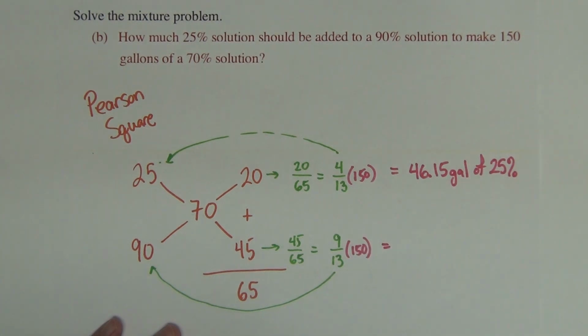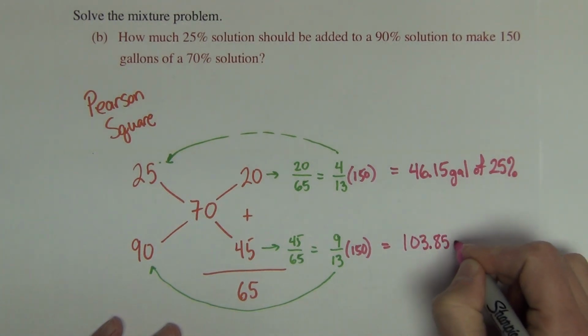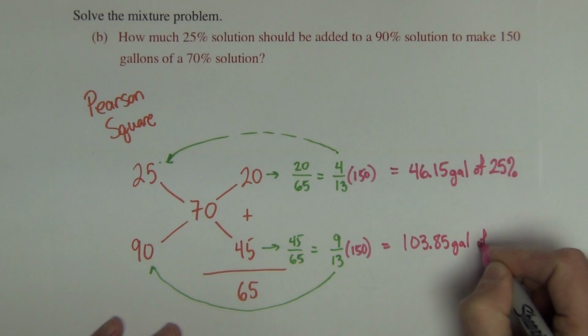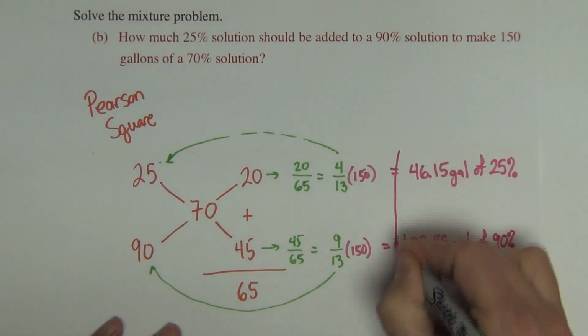And if I multiply this one, I get 103.85 gallons of the 90%.